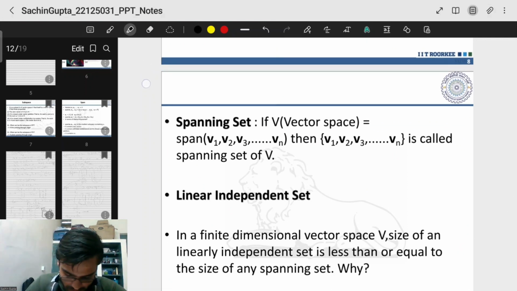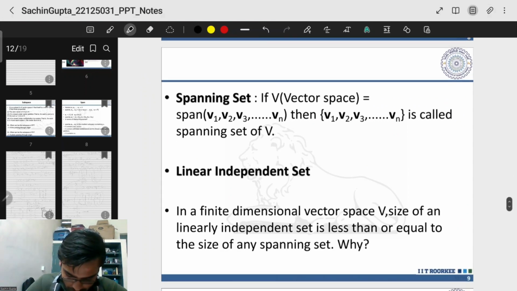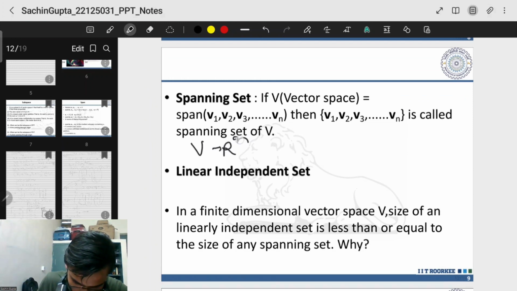Now what is a spanning set? Suppose the vector space is Rn, that is n dimensional. If the vector space V is equal to span of v1, v2 up to vn, then v1, v2, v3 up to vn is called a spanning set.